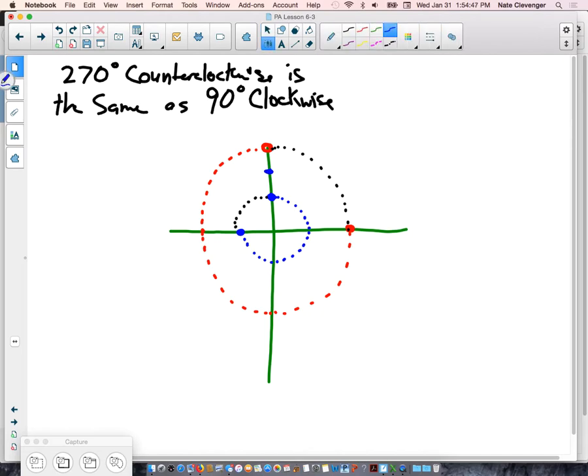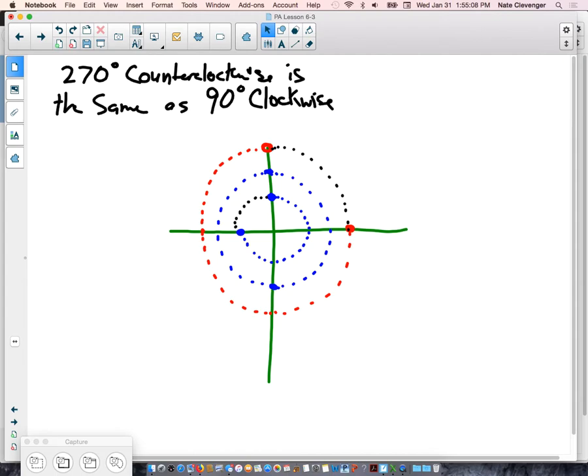If I rotate this point 180 degrees counterclockwise, what's that the same as? 180 clockwise. With a 180 degree rotation, it's basically irrelevant which way you're rotating it because it gets you to the same spot either way.